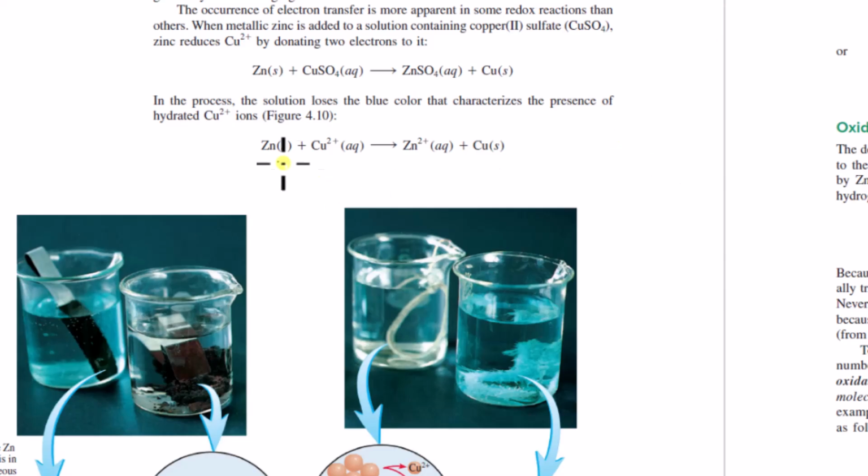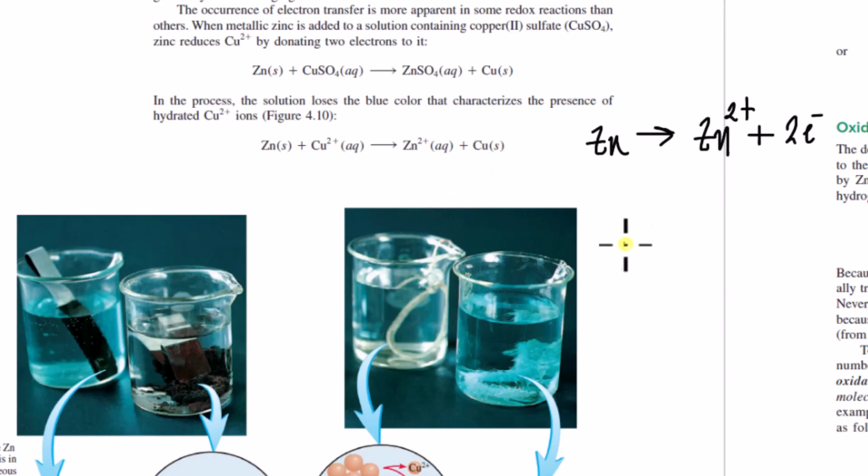So let's just put a coefficient of 1. This is already balanced and everything. So there's the zinc, okay? And this is going to break up into what? Zinc 2 plus. Okay, but to do this, it must separate from 2 electrons, right? Okay, so that's the oxidation half reaction.